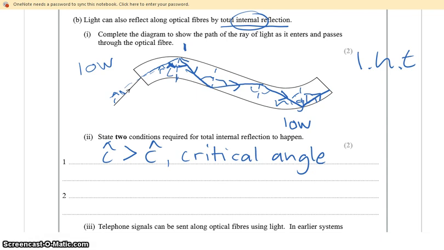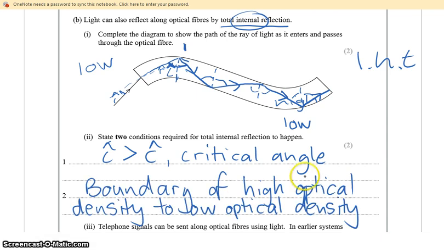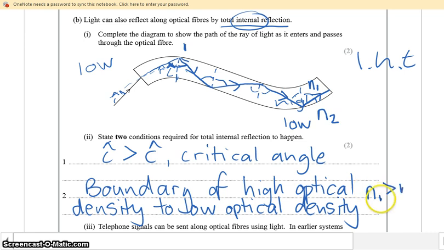So the second condition is that the boundary is from high optical density to low optical density. Or the other way that you could say that is if you talked about the refractive index of the two things, there's N1 and there's N2, then N1, the refractive index, would be greater than N2. So a couple of different ways that you could get that second point there.